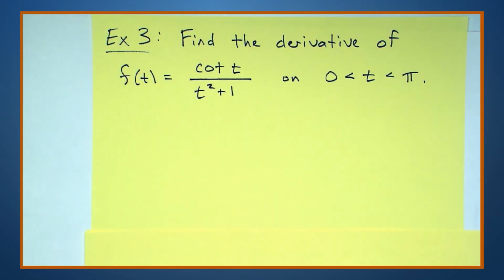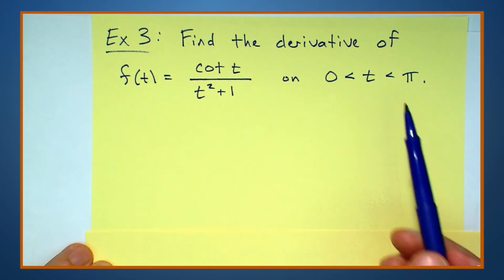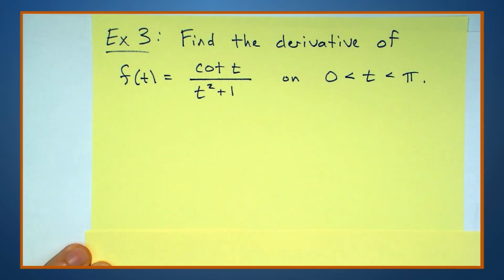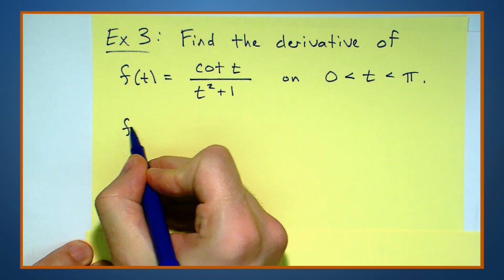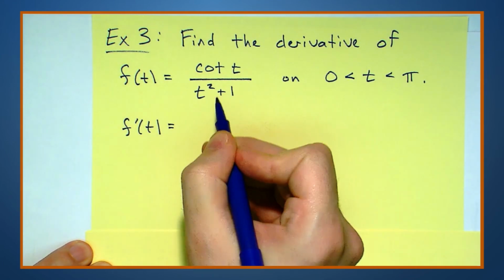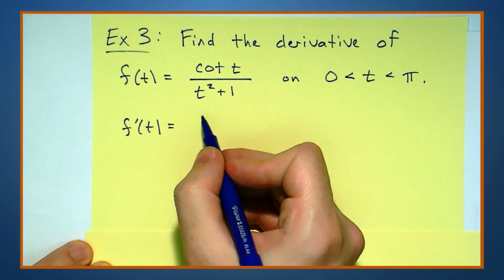Next, find the derivative of f of t equals cotangent t divided by t squared plus 1 on the interval from 0 to pi. Let's combine the quotient rule with what we know about trig functions. So f prime of t equals low d high minus high d low over low low.